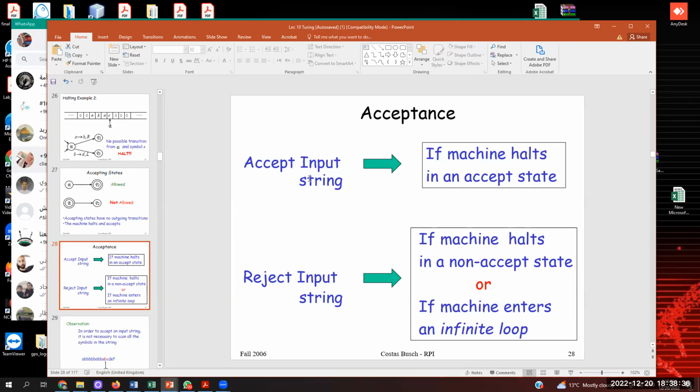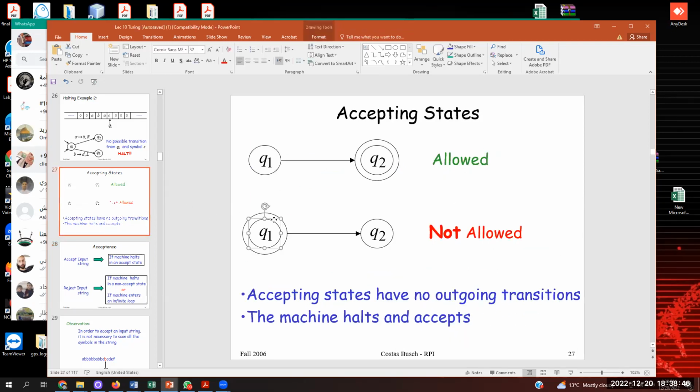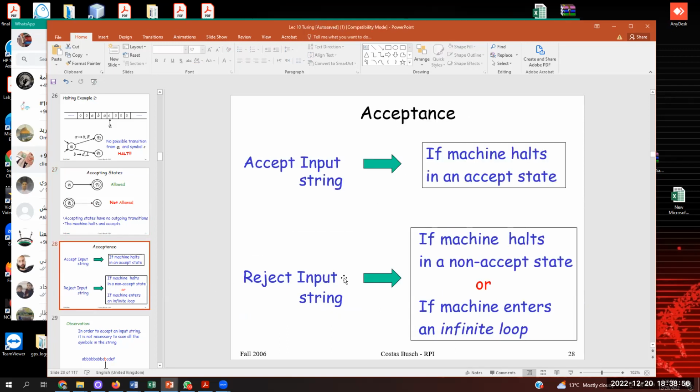So when do I accept an input? If the machine halts in an accept state, it halts like here. So I finish all my string at Q1. Then it accepts. It rejects if the machine halts in an unaccept state, or if the machine enters an infinite loop. What is an infinite loop?